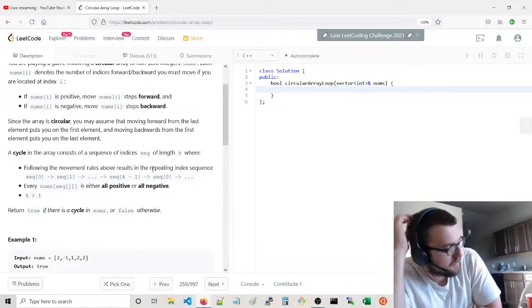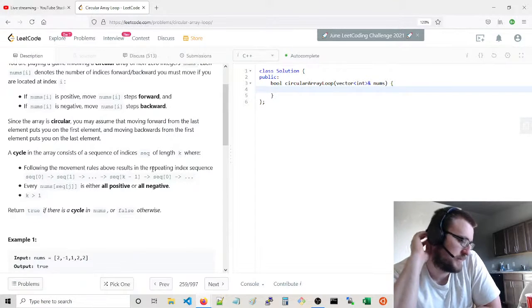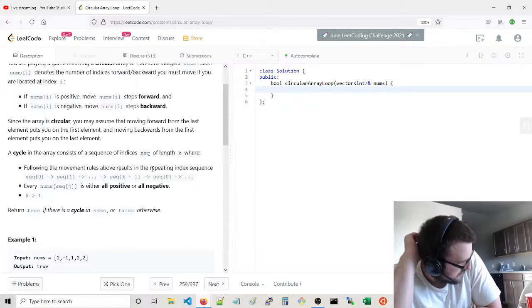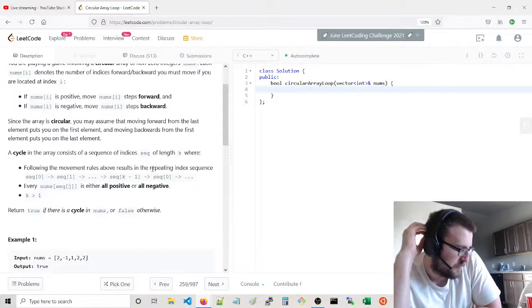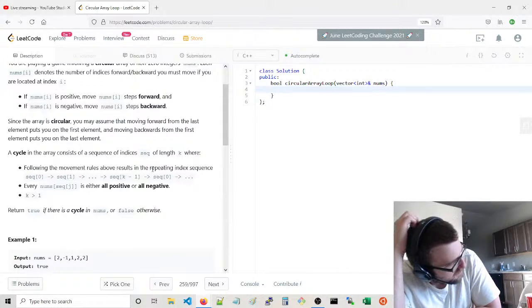You definitely can have trailing values that end up jumping into some cycle. But the cycle itself just needs to be all negative or all positive, one direction. They're basically guaranteed to exist.